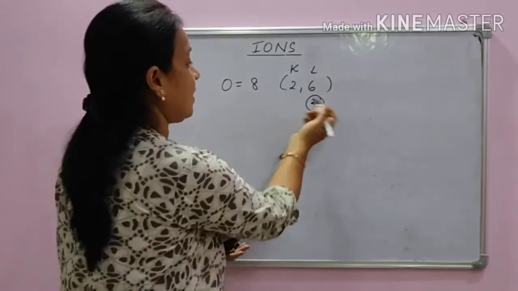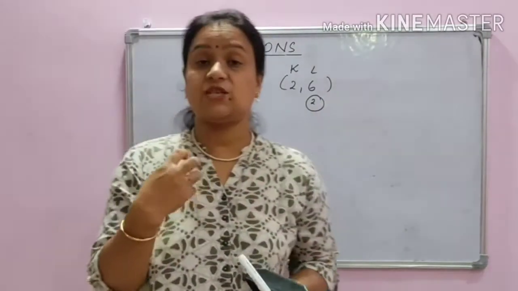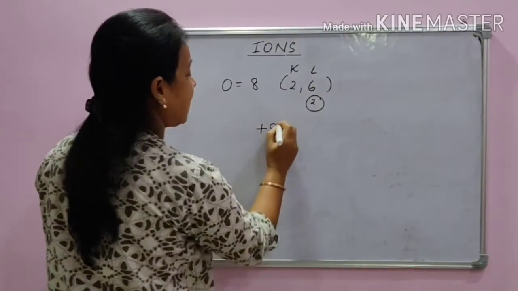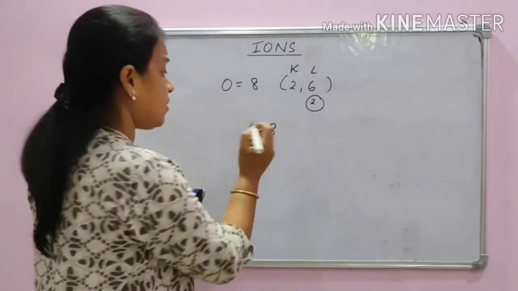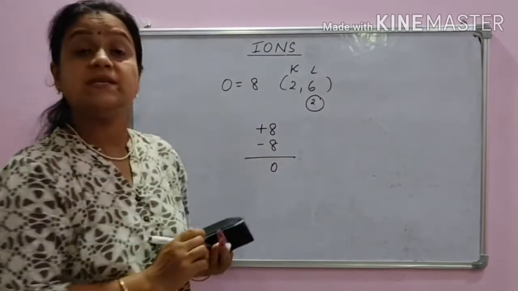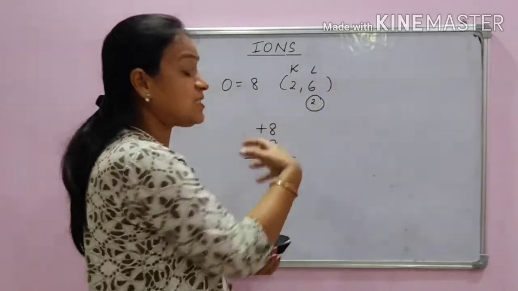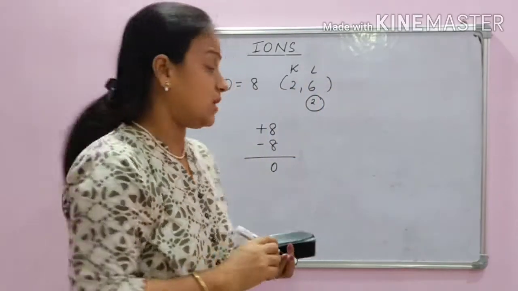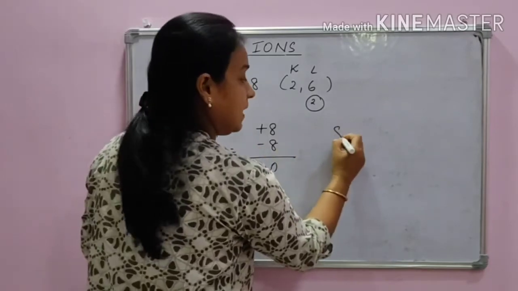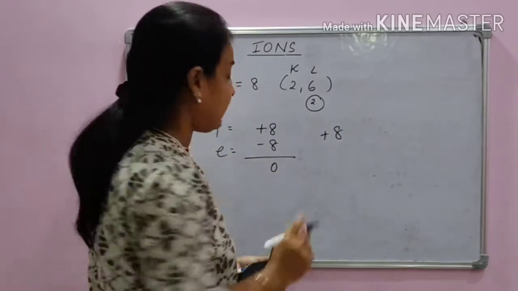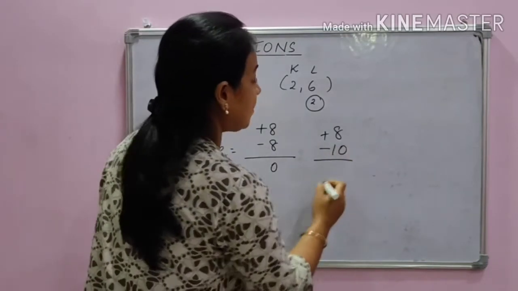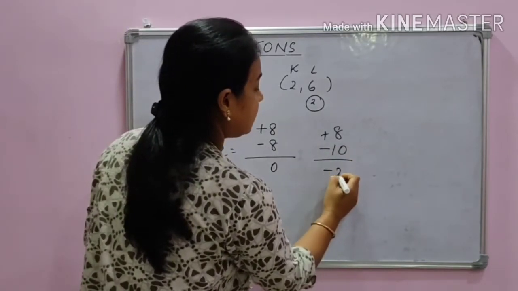So what will happen when it takes 2 more electrons? Now see, the number of protons in oxygen is 8 and the number of electrons was also 8. So altogether the charge was 0. But when it takes 2 more electrons, the number of protons remains 8, while the number of electrons becomes 8 plus 2, that is 10. So the difference is minus 2.